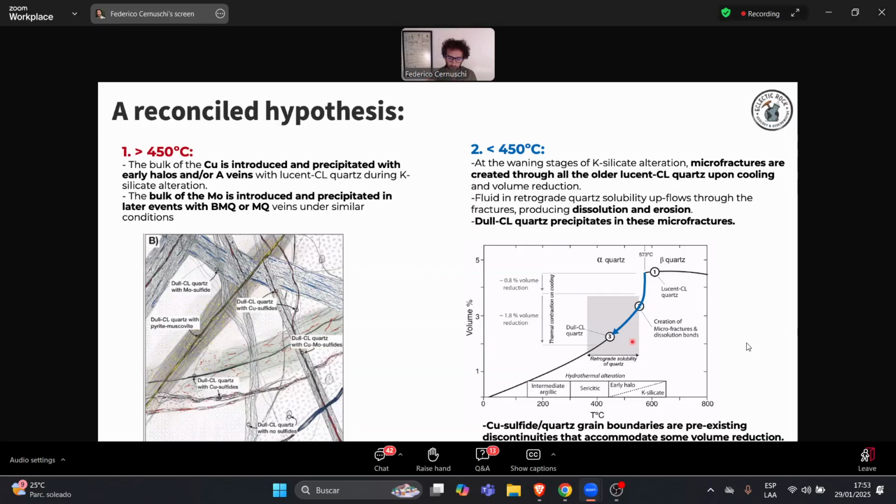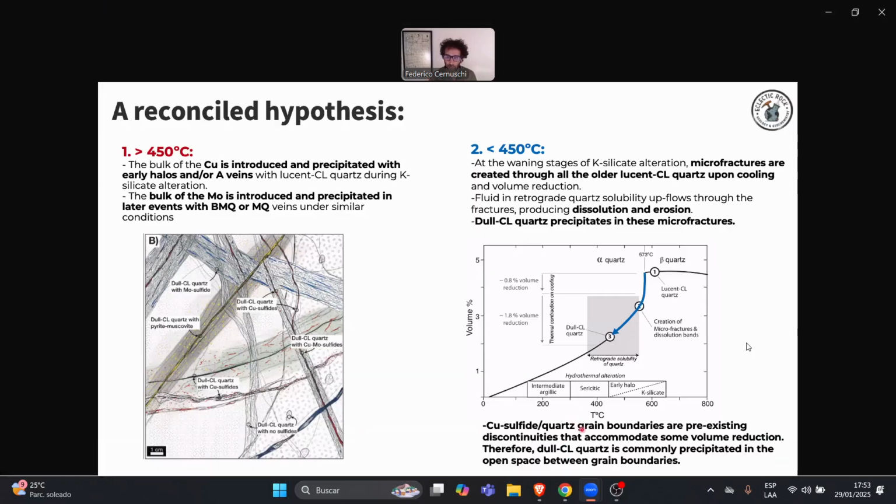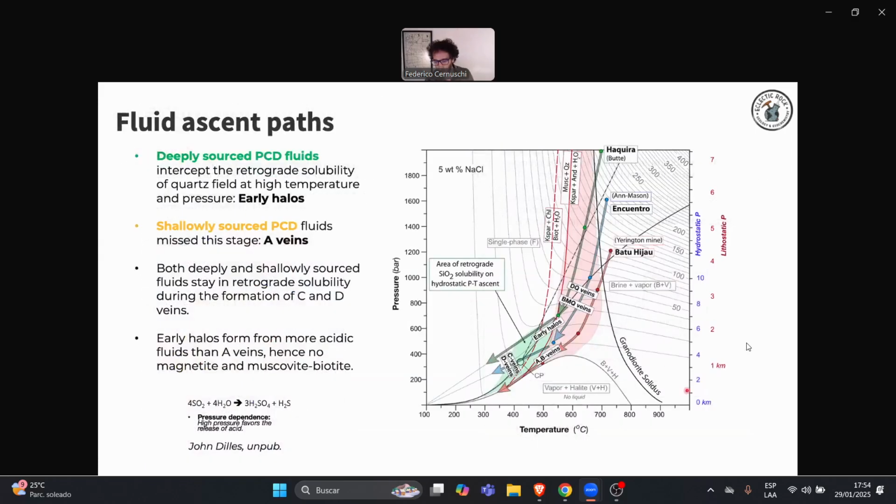It's because the copper sulfides and quartz crystals together are grain boundary discontinuities that pre-exist the volume reduction. So when the lucent quartz cools down, some of this volume reduction is going to be accommodated in those interfaces between crystals. So it's going to be open space for that microfracture to expand and the fluid to precipitate there. And the same for the observation of dark CL quartz with anhydrite or K-feldspar or anything in those veins.